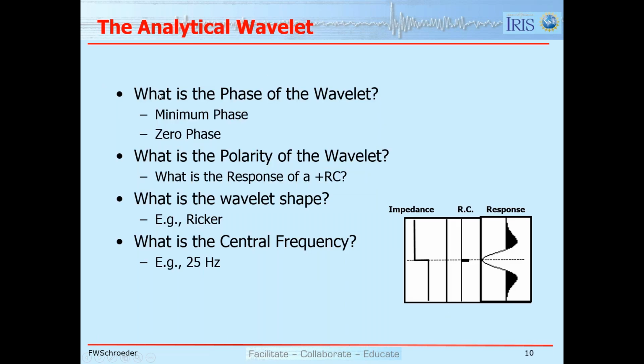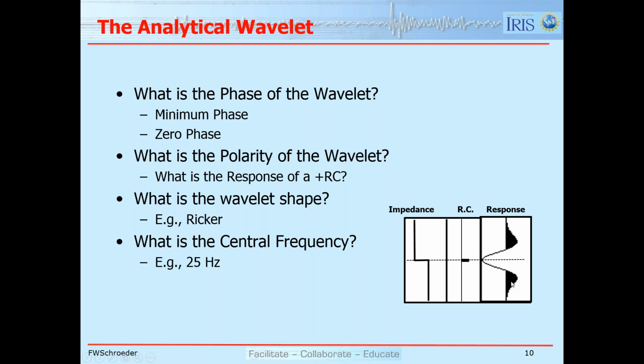For the analytic wavelet, we need to know what the phase of the wavelet is. Is it minimum phase or is it zero phase? And so here I have a sample increase in impedance that would lead to a positive reflection coefficient. If I have zero phase data, then I would have a little precursor peak, a big trough, and a post-cursor peak.